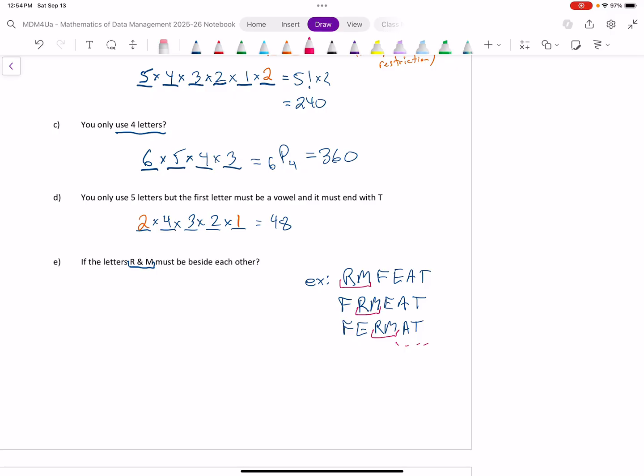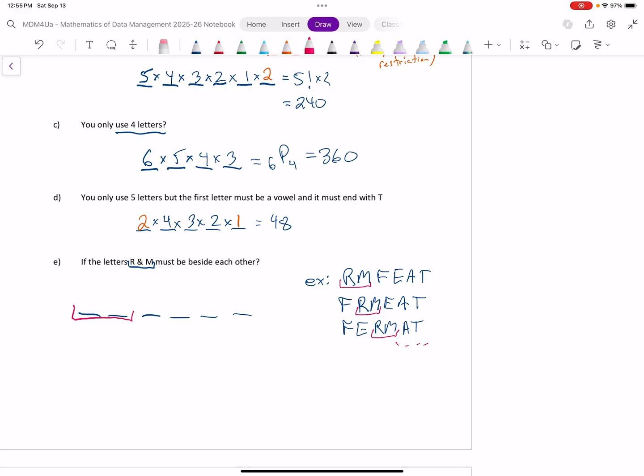In order to answer this, I think it's easiest if you think of the R and M, because they're always together, instead of being 2 letters, it's like they've joined together and they become 1 letter. So when you have these 1, 2, 3, 4, 5, 6 spots, because the R and M are always together, it really becomes 5 total letters instead of 6, because the R and M must stick together.